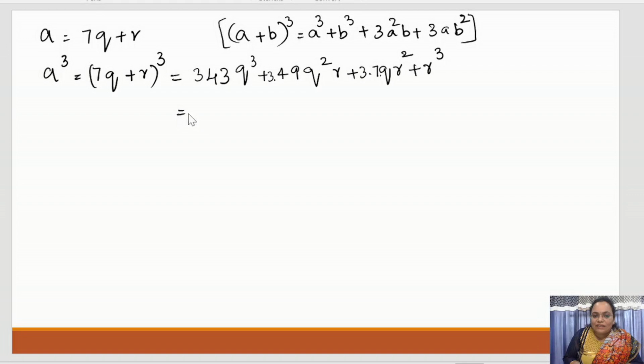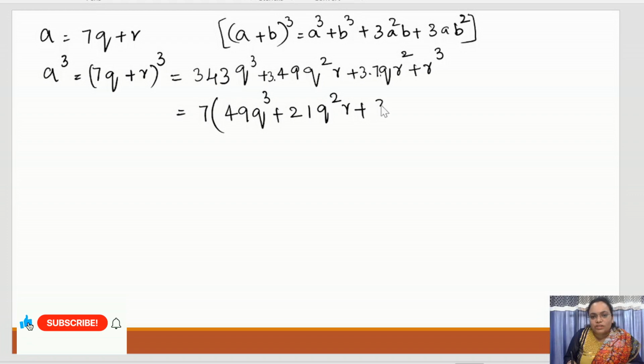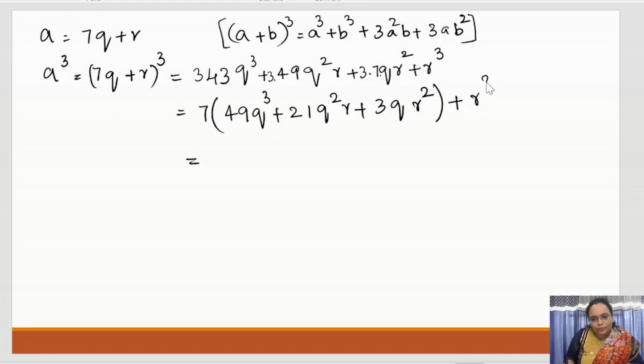When we take 7 common here, you will get 49q cube plus, if you take 7 common in this, you will have 7 here. 7 3s are 21, so 21q square r, plus 7 you will have common, which is 3qr square, and this is r cube.